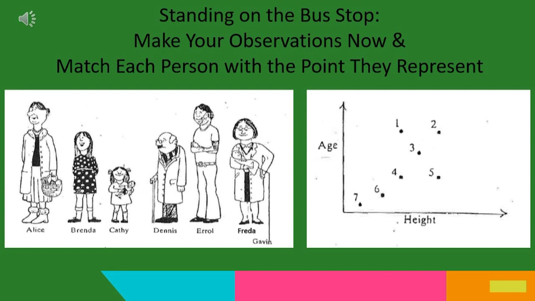Now, because he's a baby, that means he's the shortest, and he's also what? That's right, he's also the youngest. So if he's the shortest and he's also the youngest, he must be the closest person to the what? You got it. He's the closest one to the origin.